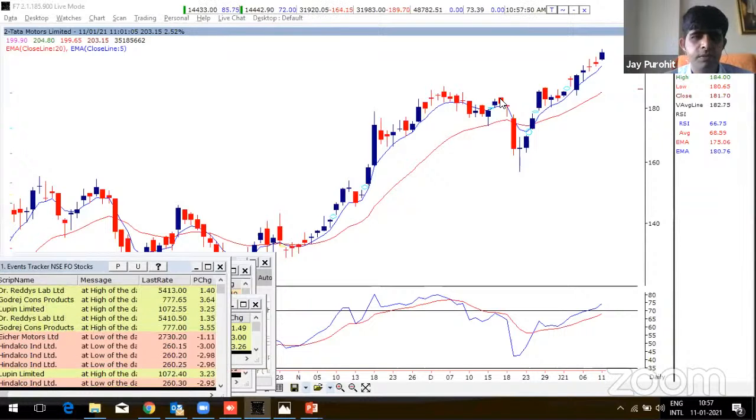In ICICI Prudential, we are witnessing a good amount of long build-up in today's session, and earlier longs are also intact, so you can look to buy ICICI Pru Life as well. These 3 recommendations are for today's live trading session, all in the derivative segment. Please make sure that you follow a proper stop loss as discussed in the live market session.